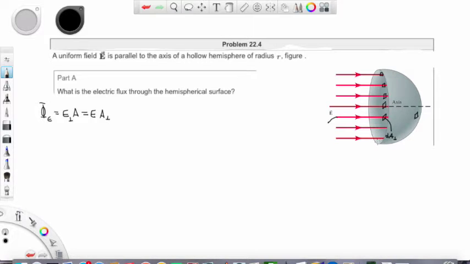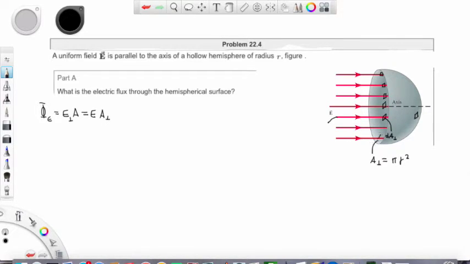So the actual A that we are using in our calculations is going to be the area of this surface, which is only the area of a circle that has, if the radius is r, the area pi r squared.